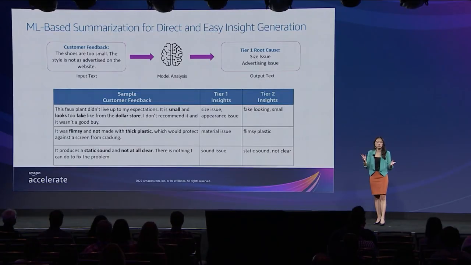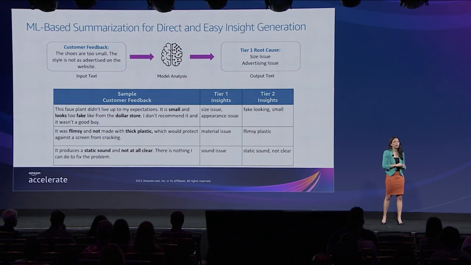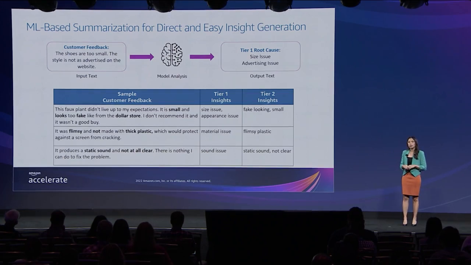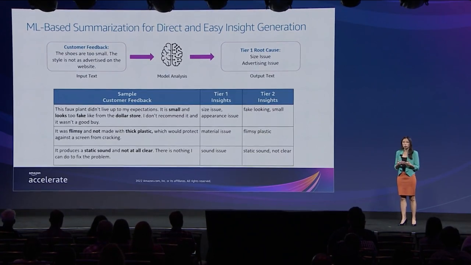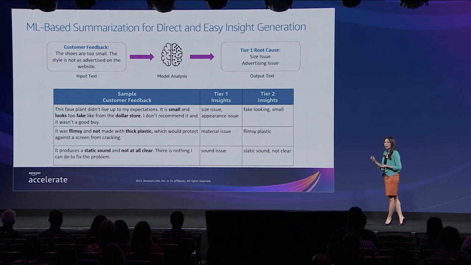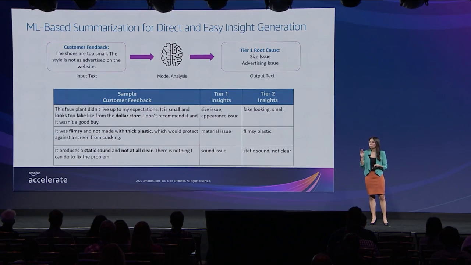A customer leaves feedback through one of the many feedback channels we have. They tell us, the shoes are too small. The style is not as advertised on the website. This customer feedback will then make its way to our machine learning model's evaluation to output the first-tier customer issue. In this case, it's size and advertising. And this output is made visible to you as the first-tier customer issue.